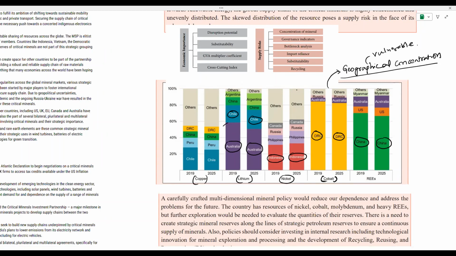Similarly, you see copper, Chile, Peru: 50% is coming from two countries. So what is this? This is nothing but geographical concentration. Guys, is this clear?